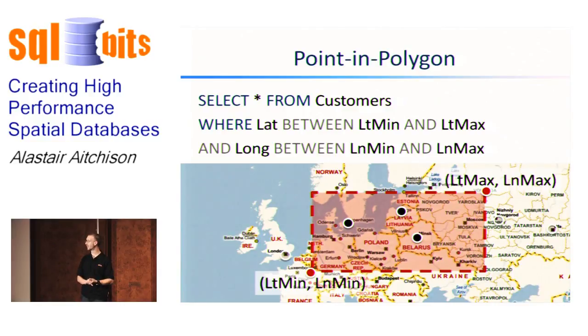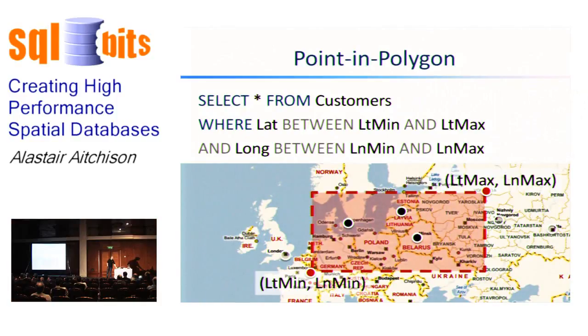The minimum latitude and longitude is located at the bottom left-hand corner, and the top right is the maximum of both values. Now obviously this has got some limitations. The biggest one being it really only works for rectangular areas of space. If you wanted to ask which of our customers lies within a county boundary or a country or a complex polygon, you can't really do that using that approach.